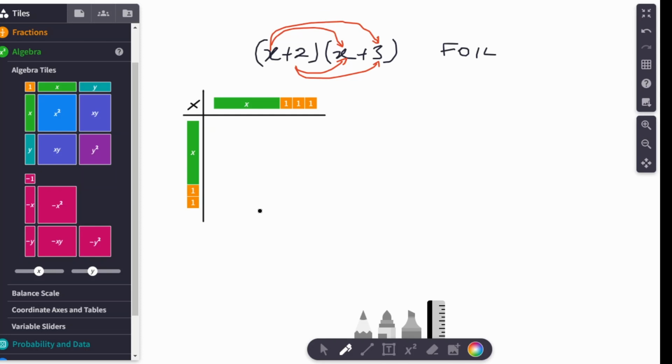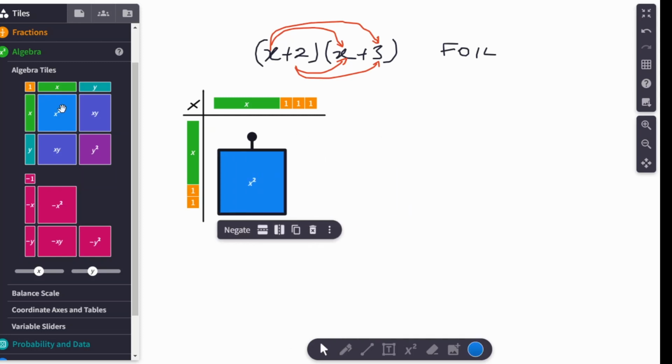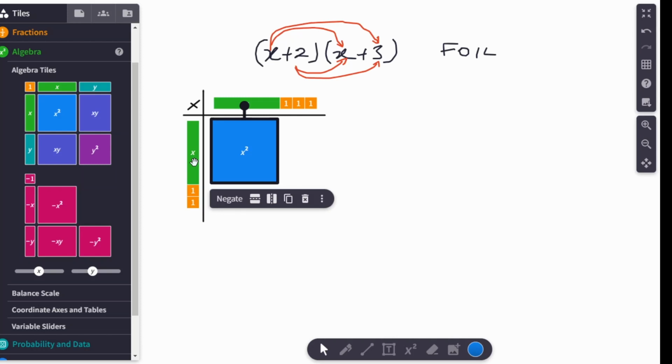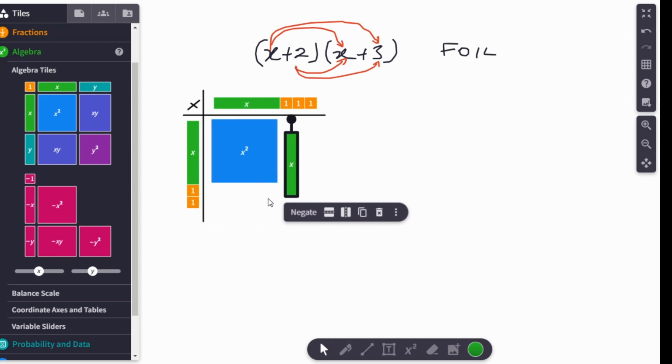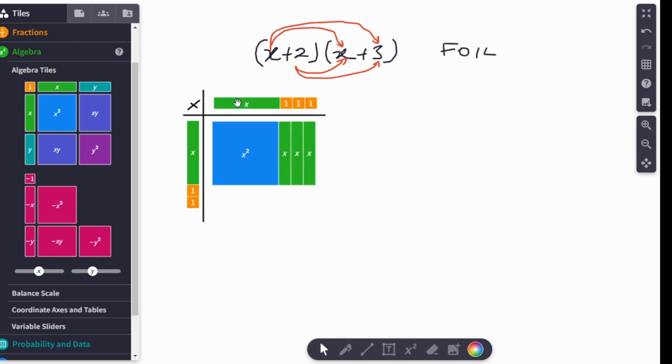Yeah, so here we have our x plus 2 and our x plus 3 here. So we do the multiplication just like we're doing. So x times x gives us x squared. 1 times x gives us x. Each of them gives us x. And this x multiplying each of the ones here will also give us x.